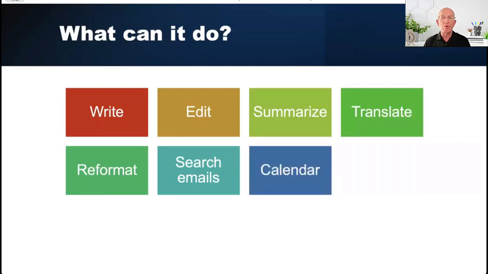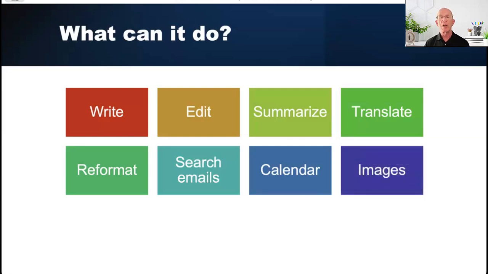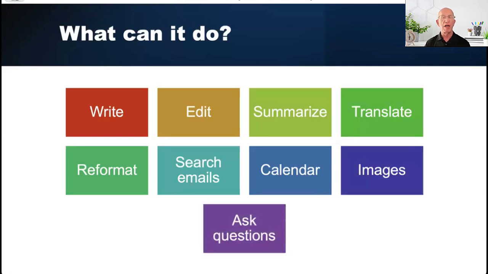It'll pull things out of Calendar and let you communicate with your calendar, because Calendar and Gmail are very tightly connected. It'll generate images right within Gmail, and you can ask a question. So while you're in Gmail, you don't have to leave Gmail to go to Gemini or to another AI. You can do all of these things right from within your Gmail account.